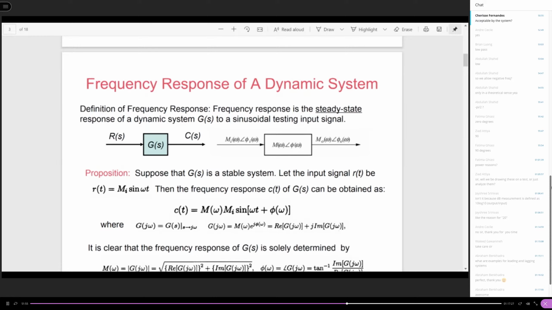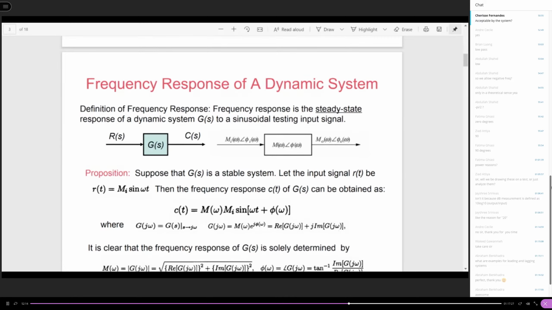In this sense, we say that the system has the capability to block input signals. M of omega being small means it is very hard for an input signal at that frequency to pass through your system.